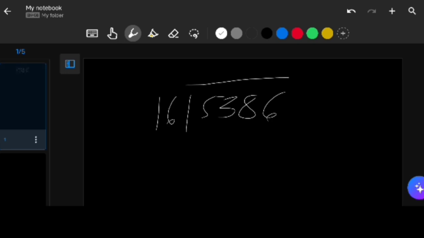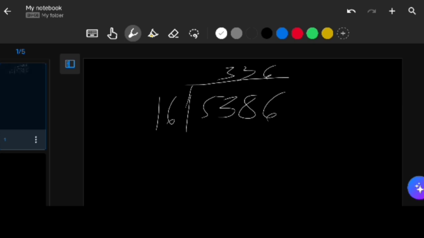Okay, now let's try to convert a decimal number to hexadecimal with our example, 5386. So 5386 divided by 16, because hexadecimal is base 16, is 336.